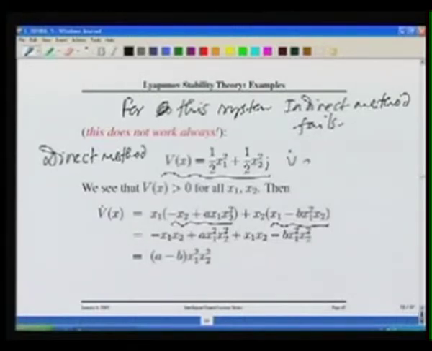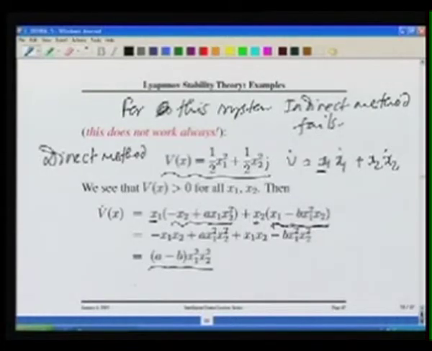V dot is x 1 x 1 dot plus x 2 x 2 dot. So, that is what I am doing. X 1 is here and this is my x 1 dot, this is x 2 and this is my x 2 dot. If I finally simplify it, I get a very nice expression, which is minus a minus b x 1 square x 2 square.